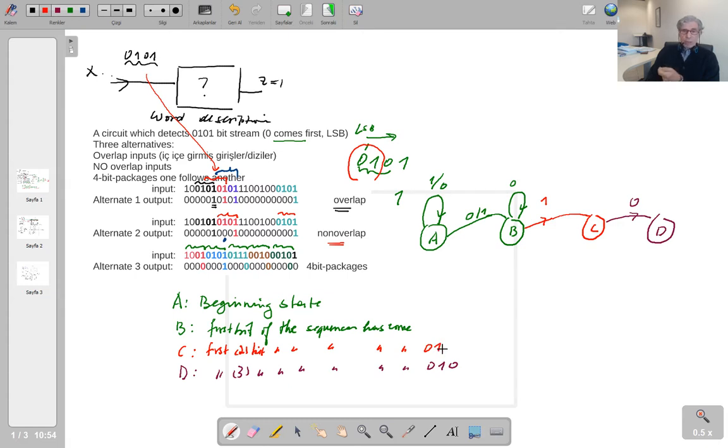Now 1 comes in. If this 1 comes, what are you going to do? That means you lost your sequence, isn't it? When you lost your sequence, you're going to go back to the beginning to look for the other 0 to come in. So that's going to be this one. If 1 comes, output is 0, of course.